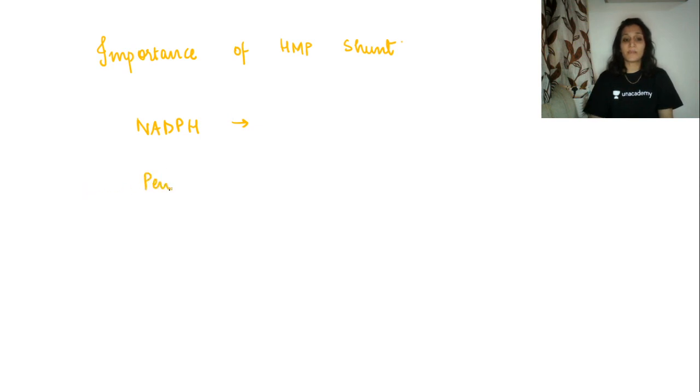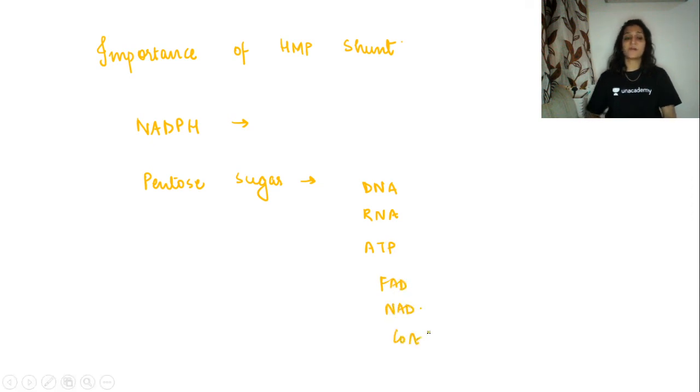Then the pentose sugar is a source of various nucleic acid molecules, that is DNA, RNA, ATP, FAD, NAD, CoA. Various places it can be used. So it is quite an important thing in the body.